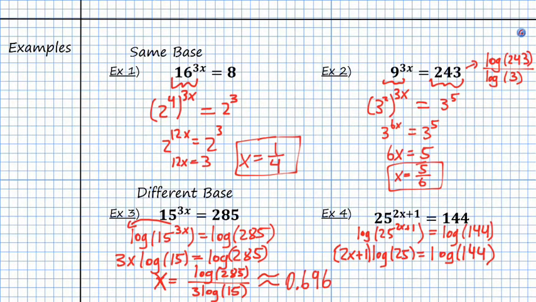You guys shouldn't be running out of space like I am, but I'm going to go ahead and take this whole problem and put it on the next page. All right, so now we can distribute the log of 25, right? So we have 2x log 25 plus log of 25 is equal to the log of 144.